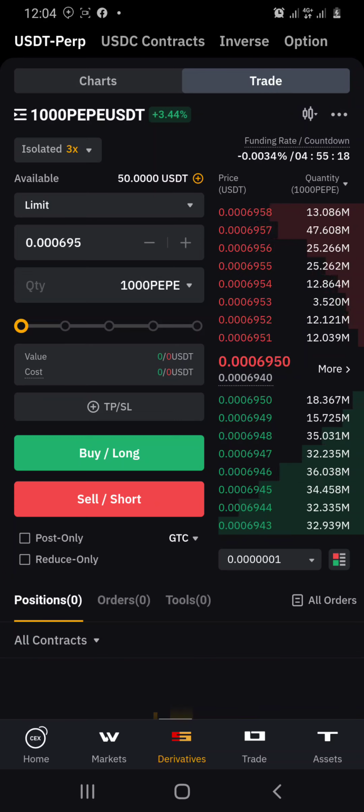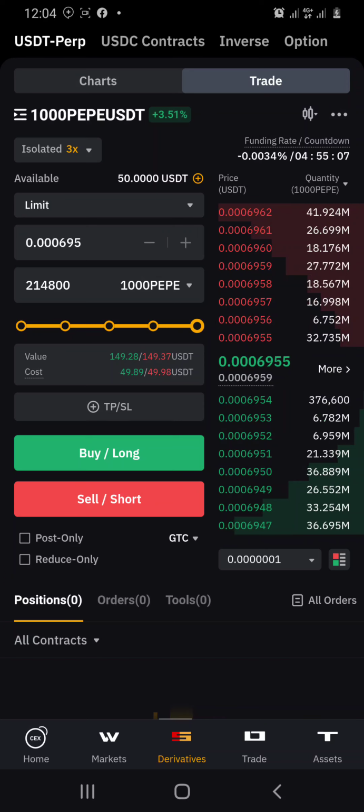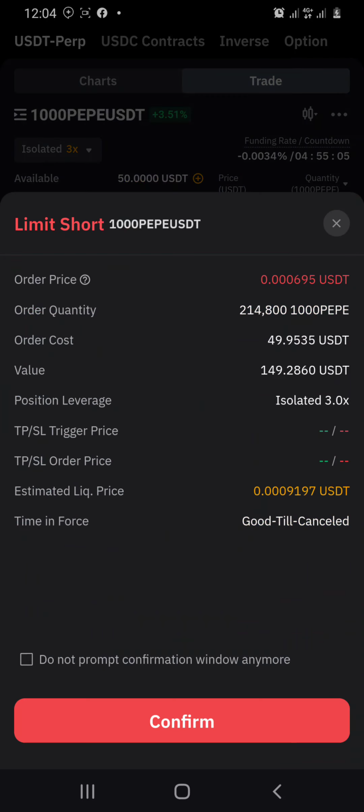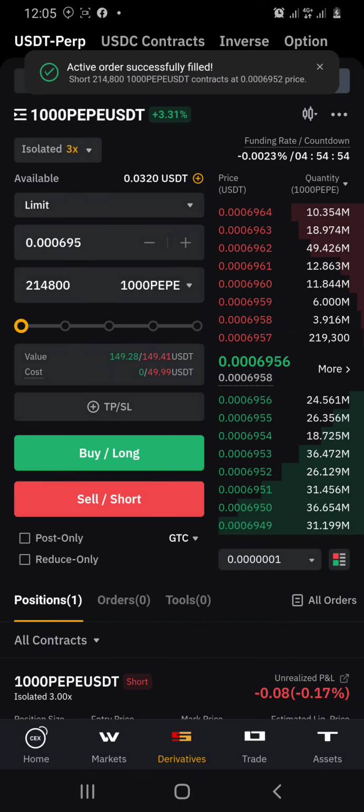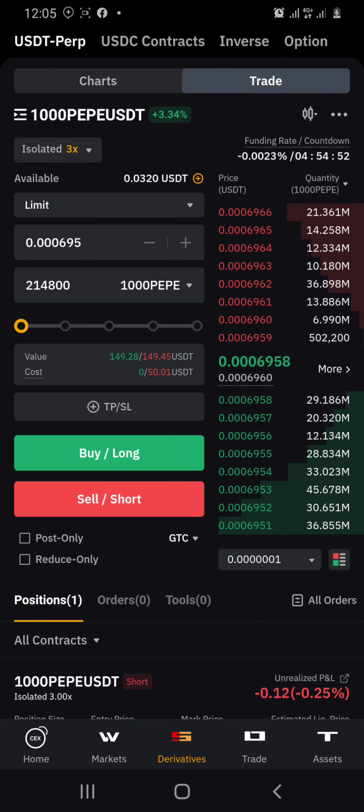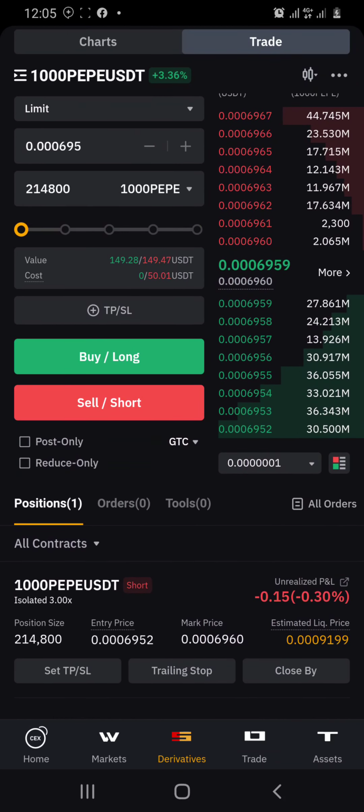Let's say I want to short at 0.00695, for example. I'll place my trade. Click on sell or short. Now, I have placed a short on this trade.